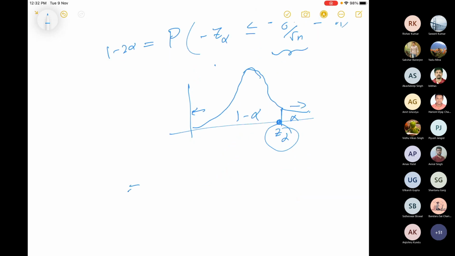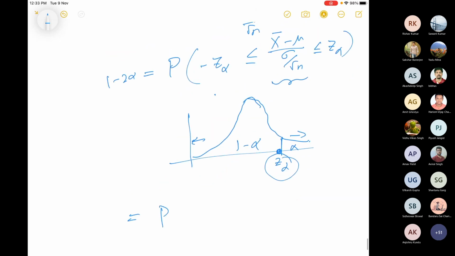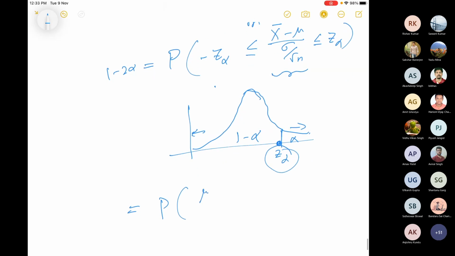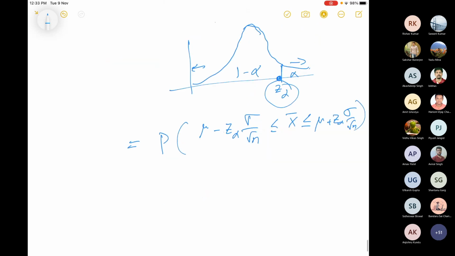Now if I do a little bit of calculation, this is mu minus Z alpha sigma by root n less than or equal to X bar, less than or equal to mu plus Z alpha sigma by root n, which is equal to the probability of X bar minus Z alpha sigma by root n less than or equal to mu less than or equal to X bar plus Z alpha sigma by root n.